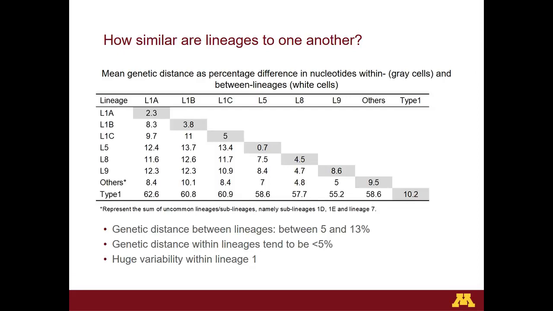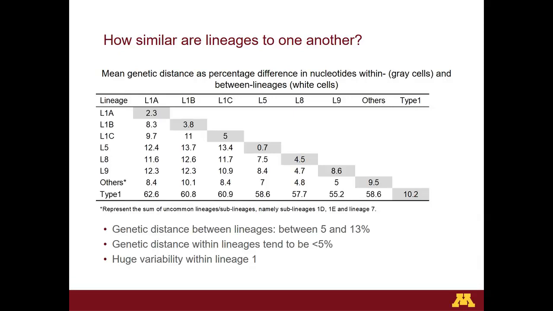One thing that we decided to explore also was to try to illustrate how different our sequences were that were classified in different lineages. This is a table that shows the genetic distance of each lineage and sublineage, the lineage 1A, B, C, and E versus all the others. For example, the mean genetic distance within lineage 1A was 2.3%.